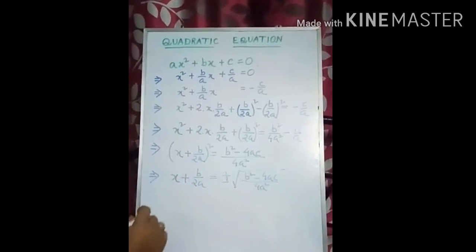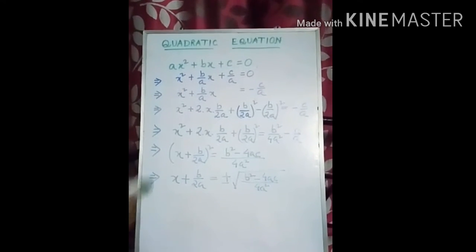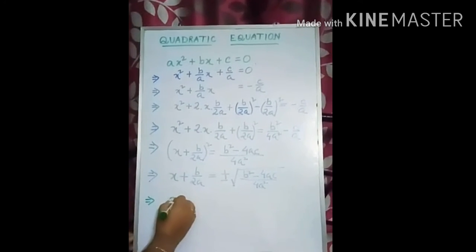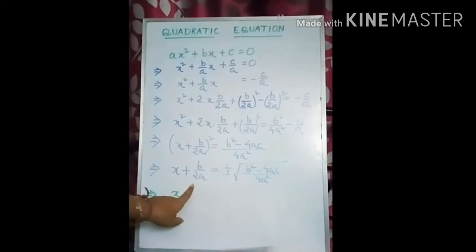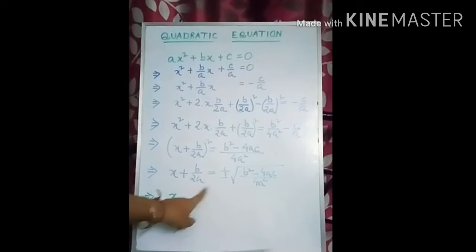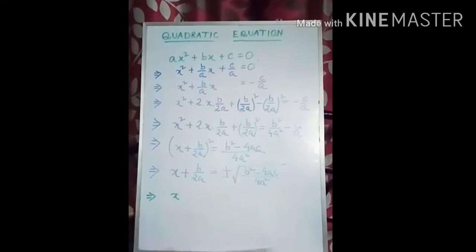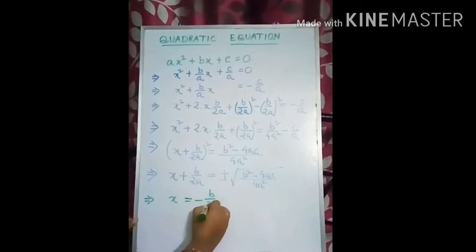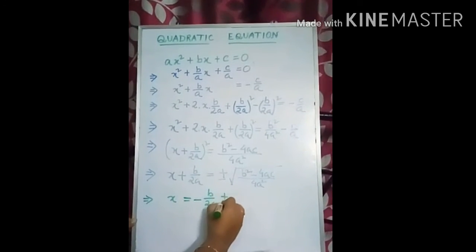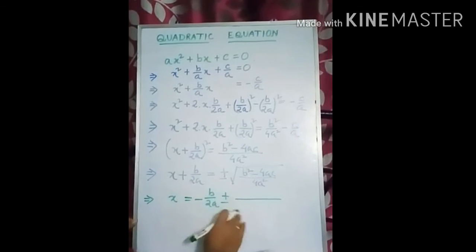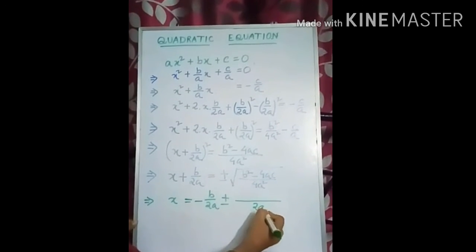Okay. And if I bring plus b by twice a on that side, it becomes minus b by twice a. Then it will be twice a down.